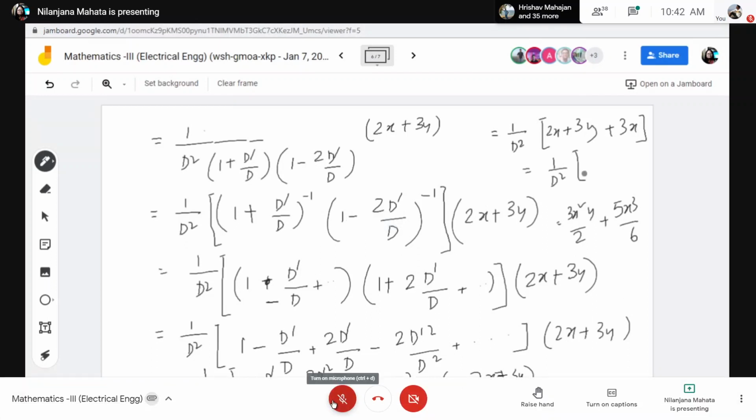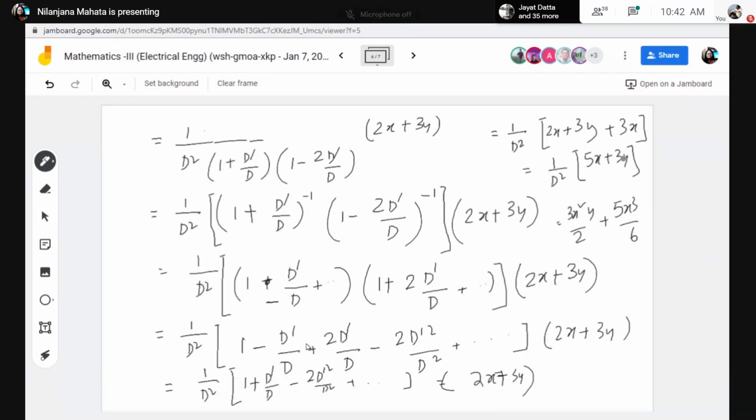Yes, ma'am, plus 5x cube by 6 has come. 5x plus 3y, so you will integrate this with respect to x, so there will be 2 times, and so 5x cube by 6. This will be the result pi.